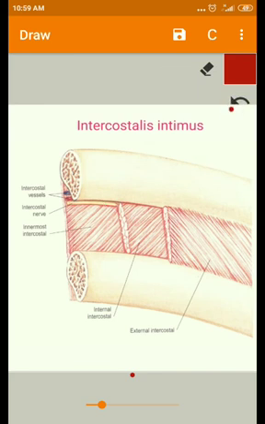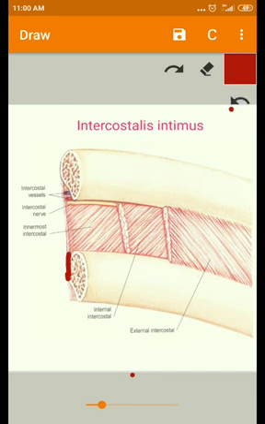Now coming to the attachment, it stretches from the inner surface of the upper border of the lower rib to the inner surface of the lower border of the upper rib, along the upper margin of the costal groove.